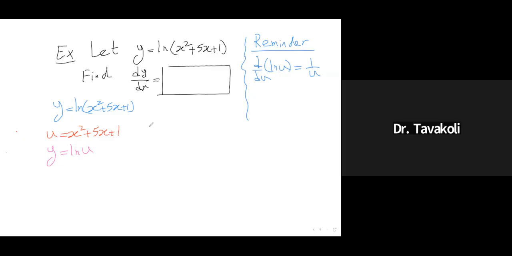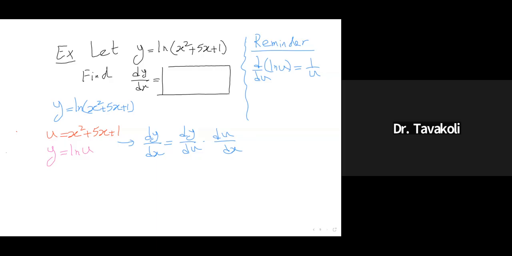Therefore, the derivative of y with respect to x, which is by the chain rule the derivative of y with respect to u times the derivative of u with respect to x, can be easily found because u is a simple function of x and y is a simple function of u.